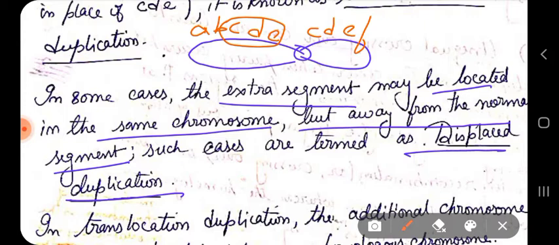That's why it is called displaced duplication, because the displaced segment is far away from the normal segment.